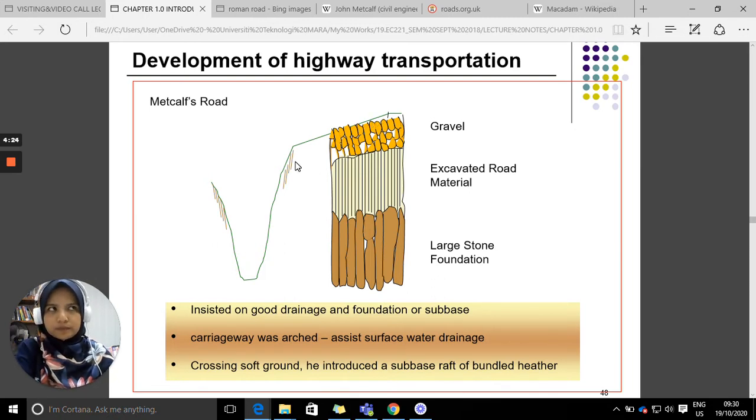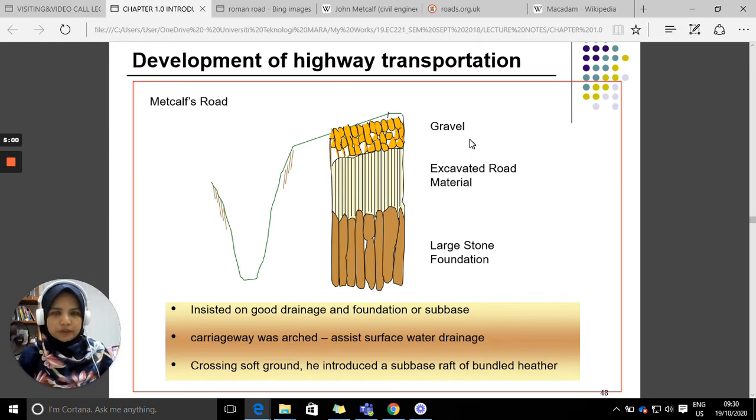What was introduced by Metcalfe is the use of a chambering system. It allows the water to flow down to the drainage. During the Roman road, they didn't even think about the drainage of the road itself.